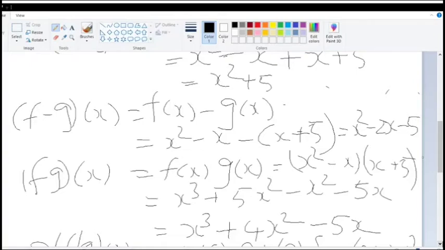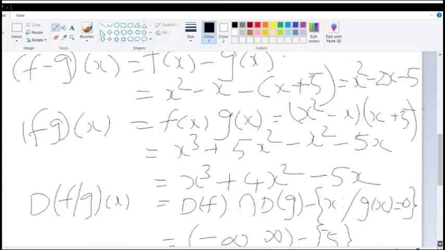Now fg of x equals f of x into g of x, which is equal to (x square minus x) into (x plus 5), equal to x cube plus 5x square minus x square minus 5x. On simplification we get x cube plus 4x square minus 5x.